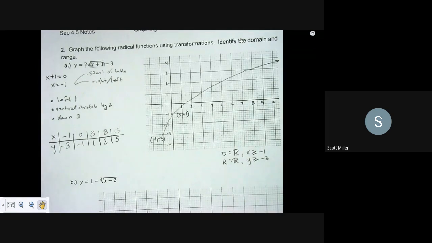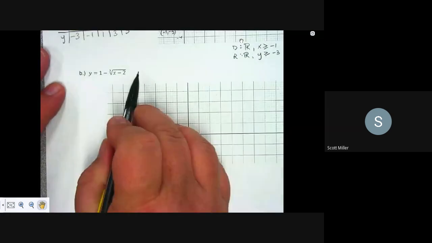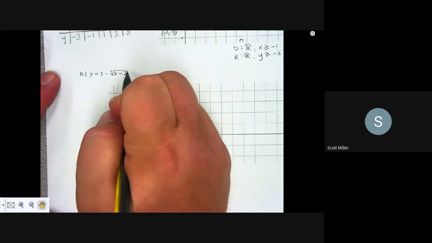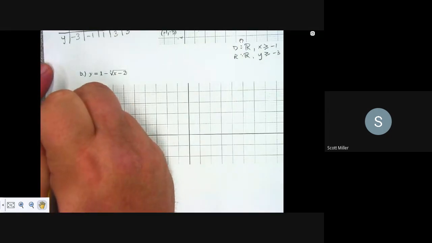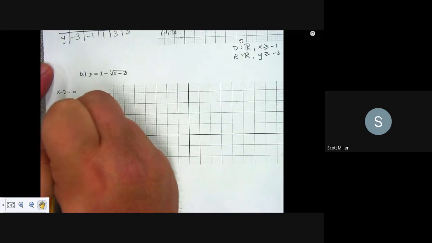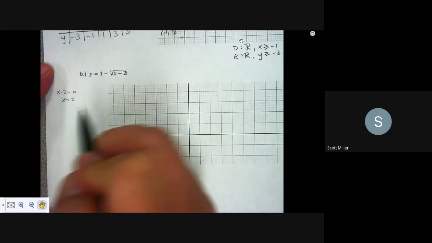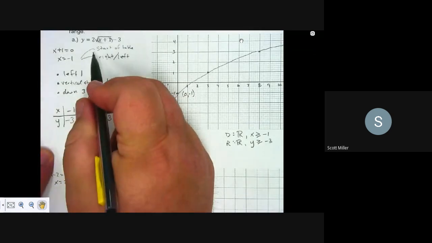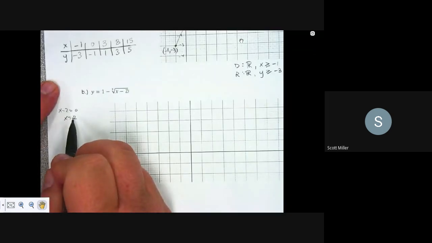Okay, let's look at the next one. So I have this, same thing as before. Take the radicand, set it equal to 0, solve it. Now in this particular case, this is different. For these right here, this is the start value, this is the middle value.